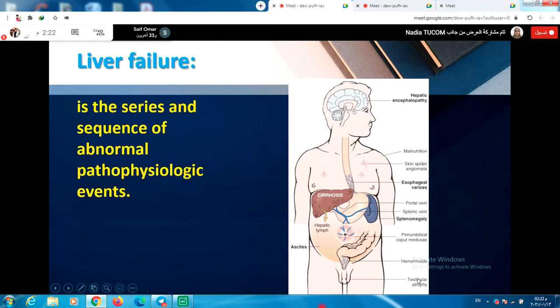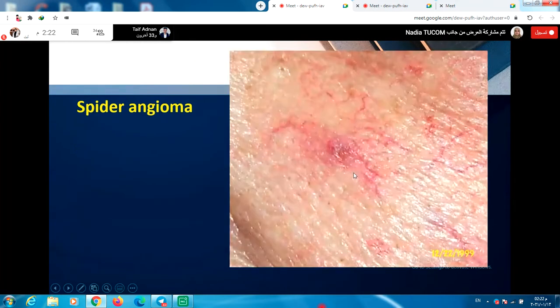Testicular atrophy is also a feature or manifestation of chronic liver disease and liver cirrhosis.